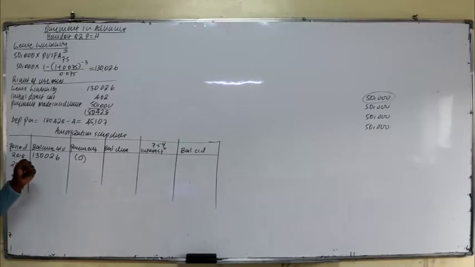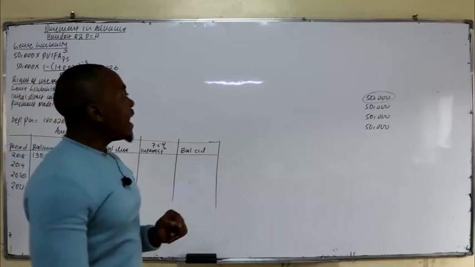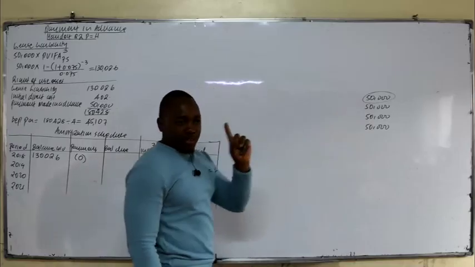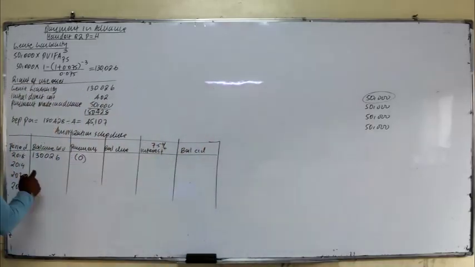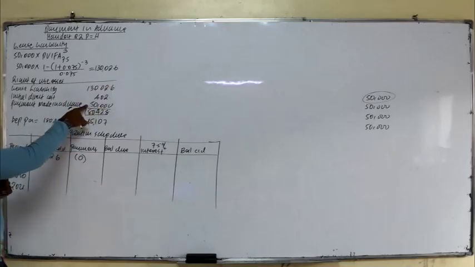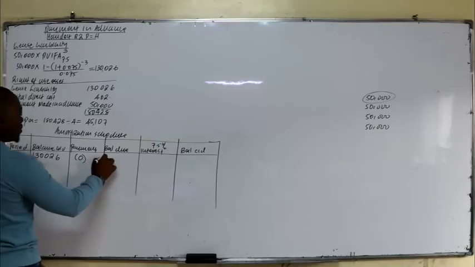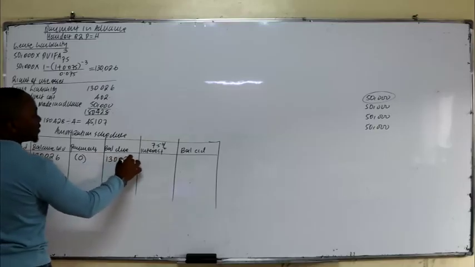This is the first year, right? So there is an obligation at the beginning, we had already paid the 50. In short, the payment you see is for the remaining 3 years. So in the first period we are not going to pay because we have already paid. We did not count this 50 because we had already paid in advance. So the balance due will be 130,026.